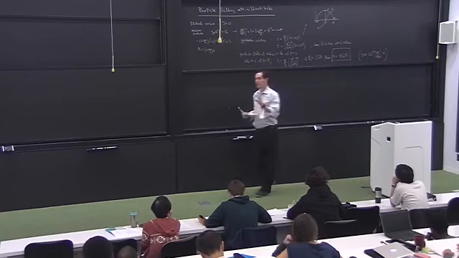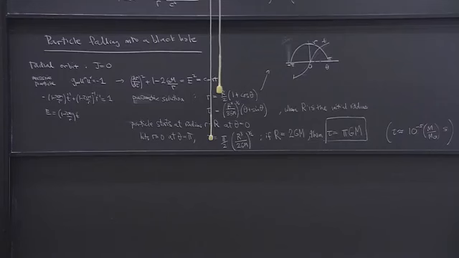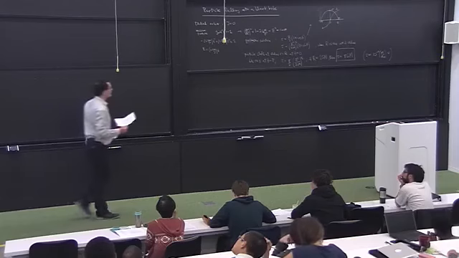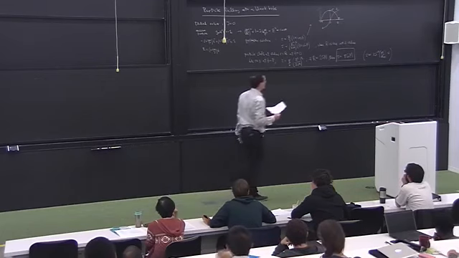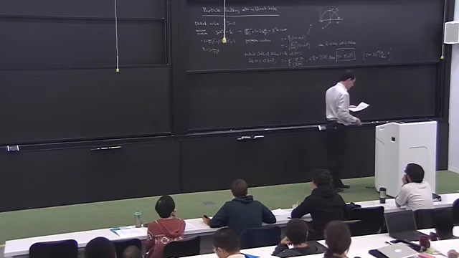So for a black hole of mass equal to mass of the sun, you've got 10 microseconds before you hit the singularity. For the black hole in the center of the galaxy, you've got about 10 seconds before you hit the singularity.